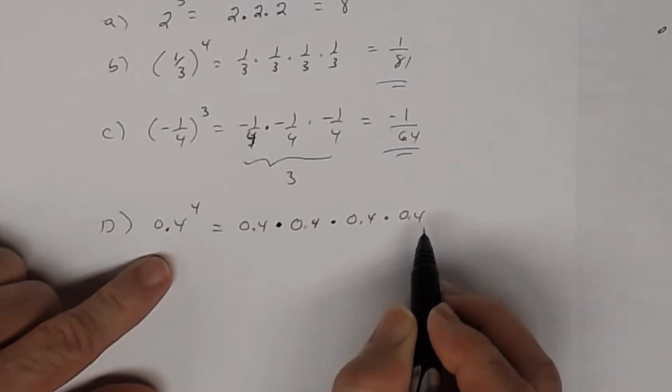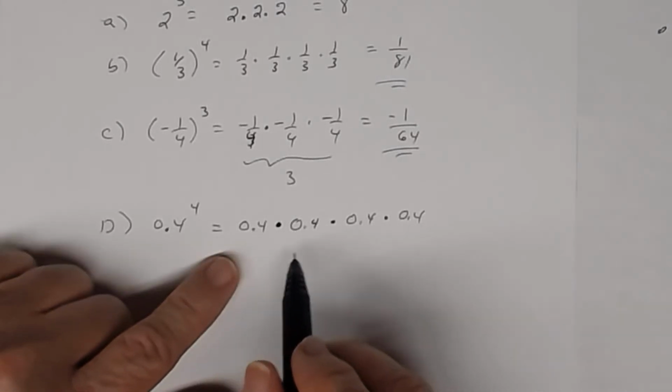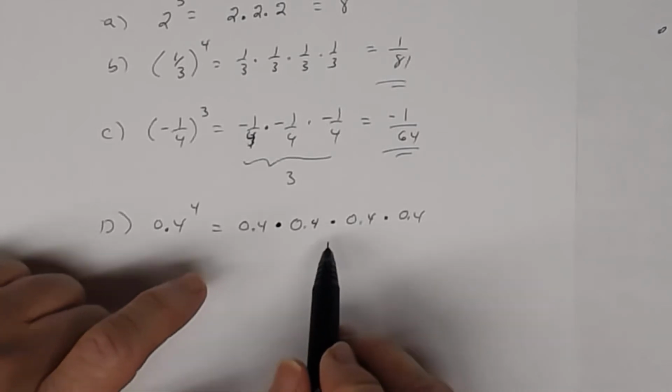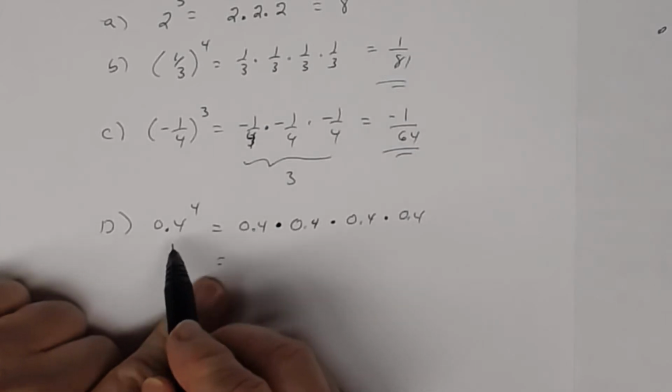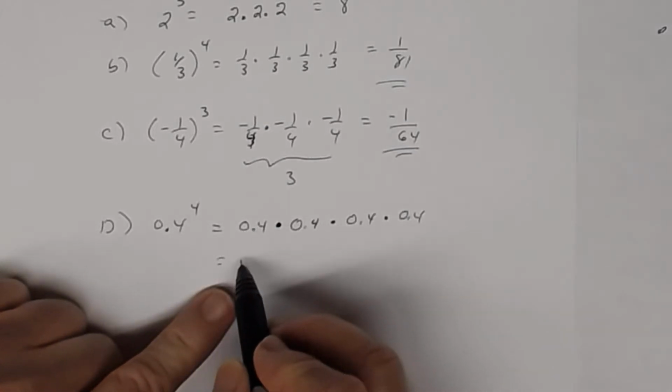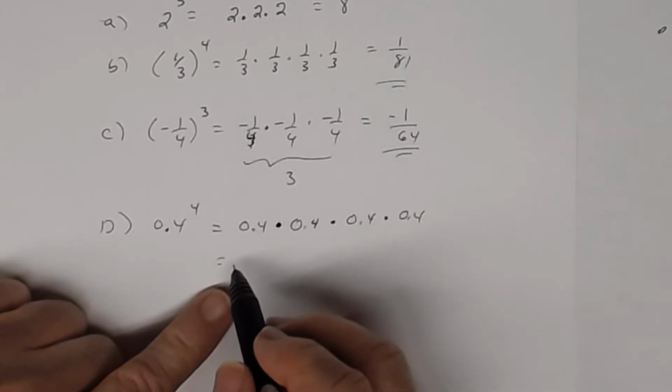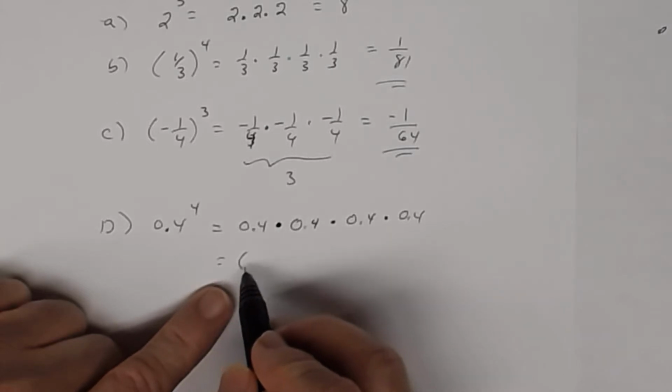I just want to say something: you see how there are a lot of dots here. When you have a decimal, it's usually preferable that you put those in parentheses.